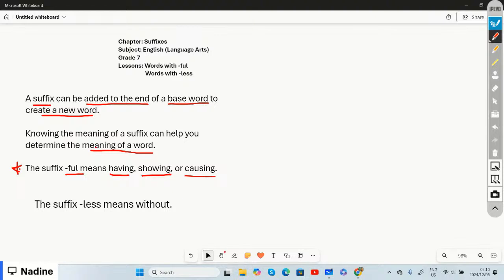So this is what we meant when we say that if you know the meaning of the suffix, it can help to determine the meaning of the word. Whenever we add the suffix full to our base word, it will change the meaning of that word, because now it will mean having much of that, showing much of that, or causing much of something.